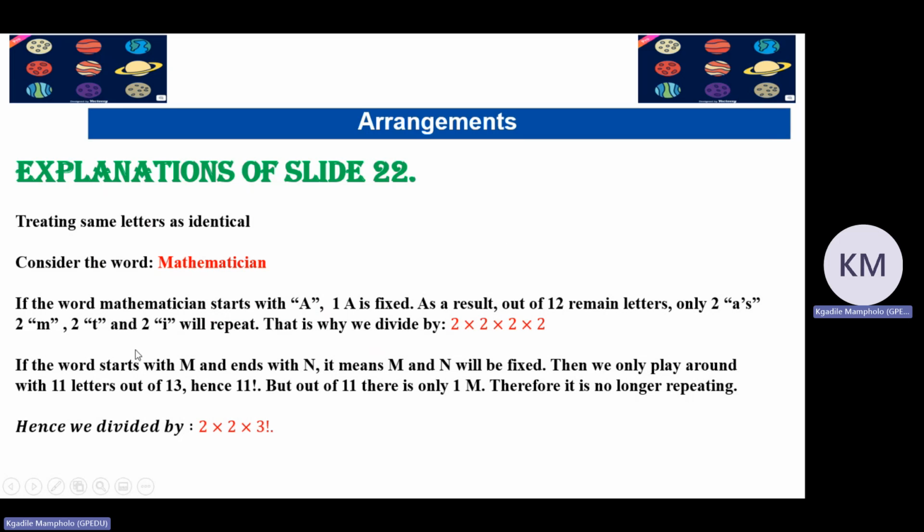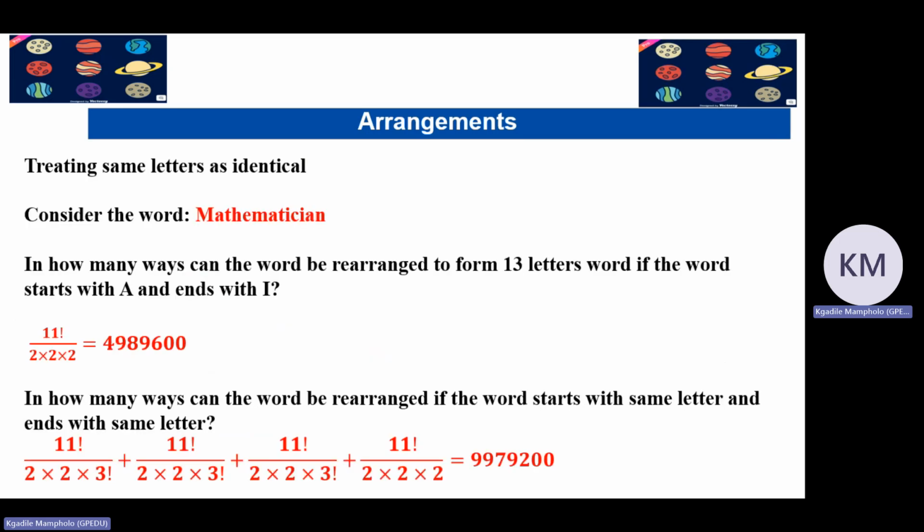So A will repeat, M will repeat, T will repeat, I will repeat. The same with this one. Explain that M is no longer repeating because 1 M is fixed. Then we'll be playing around with 11 letters, and in those 11 letters we'll have only 1 M. We're still talking about the same word mathematician, treating same letters as identical.